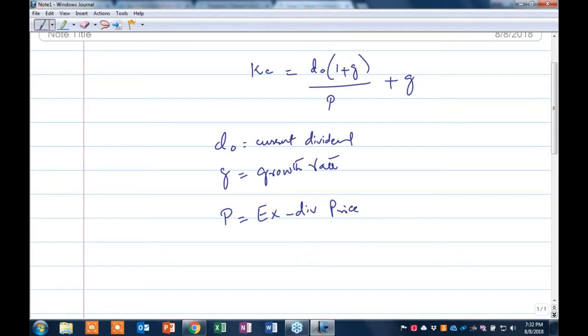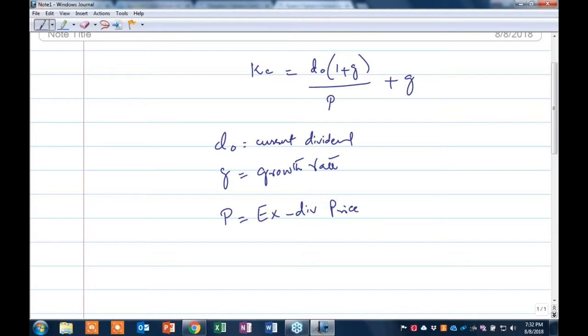No, ex-dividend price means the price prevailing in the market just after the dividends have been paid. It is called ex-div price because when dividends are declared or expected to be paid, the share price of every company goes up in anticipation that anybody buying those shares will get the dividends.